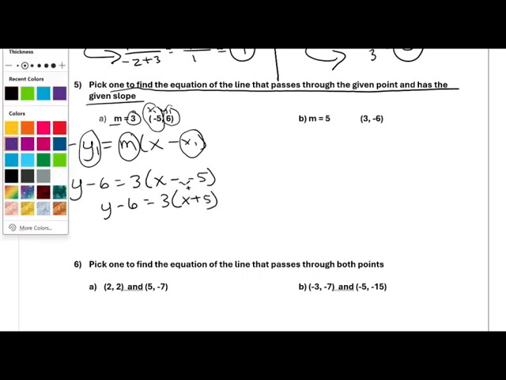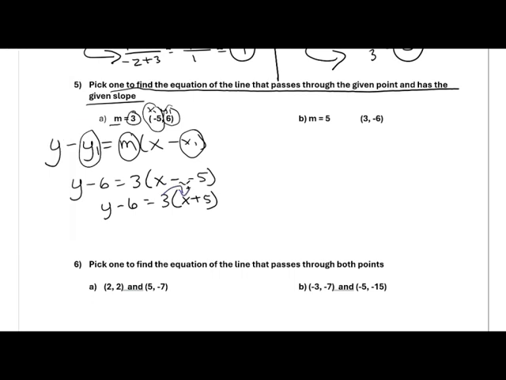After I do that, I need to do the distributive property to continue simplifying. So y minus 6, I don't touch anything over there yet. 3 times x is 3x. 3 times positive 5 is positive 15. Okay, so distributive property. Now I'm going to add 6 to both sides, and that will be our very last step. And I get 21.